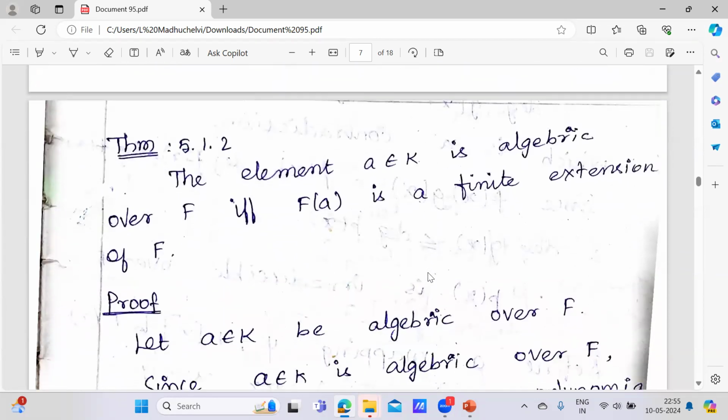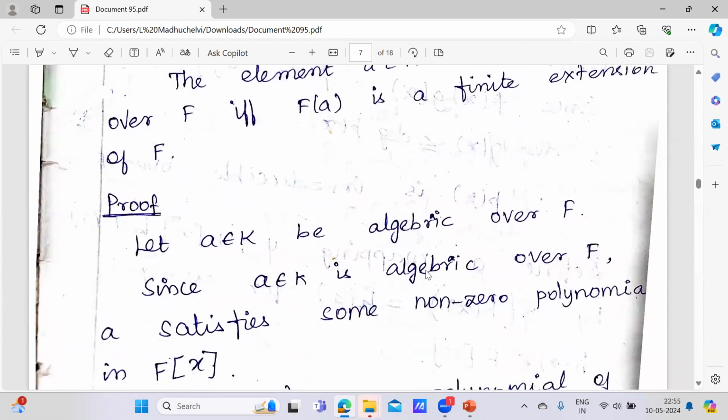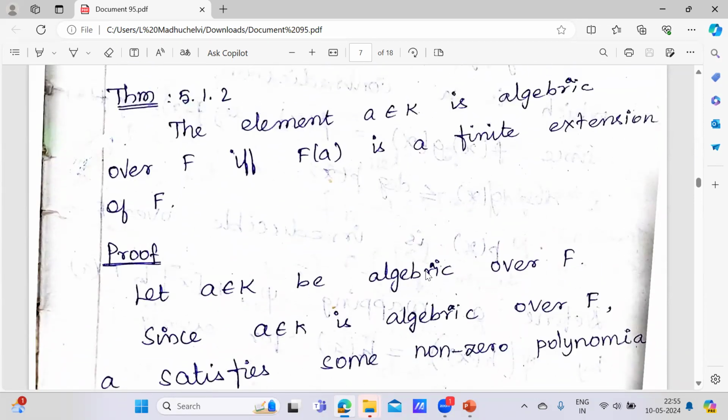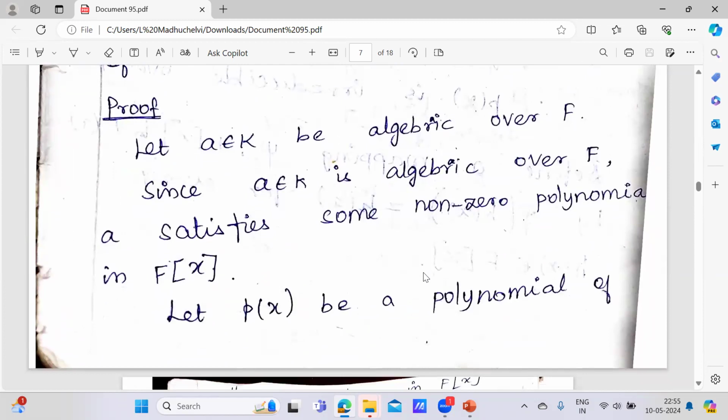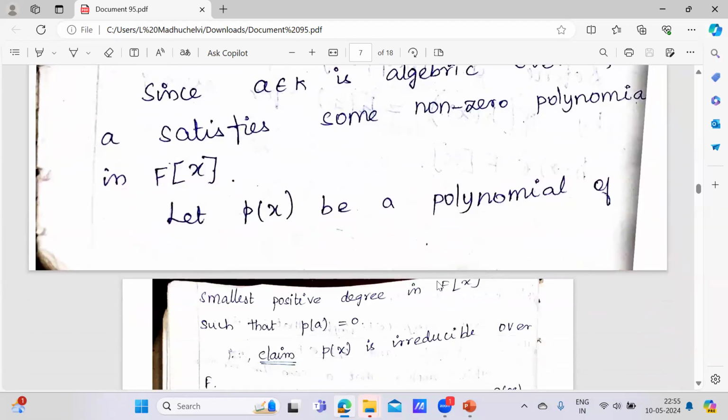The element a belongs to K is algebraic over F if and only if F of a is a finite extension of F. That is, the necessary and sufficient condition for an element to be algebraic over F. Proof: let a belongs to K be algebraic over F. Since a is algebraic, by the definition, a satisfies some non-zero polynomial in F of x.